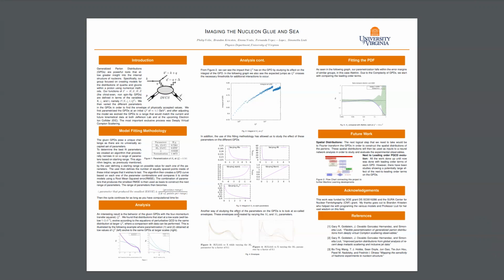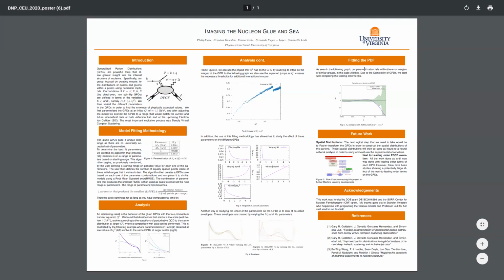These envelopes are created by taking one of these parameters and varying them by a factor. In this case, these parameters were varied by the same factor. And you can see that these graphs are very different. On the left-hand side, this one is very smooth, very continuous, uniform, and on the right, you can see it is not and very sporadic.